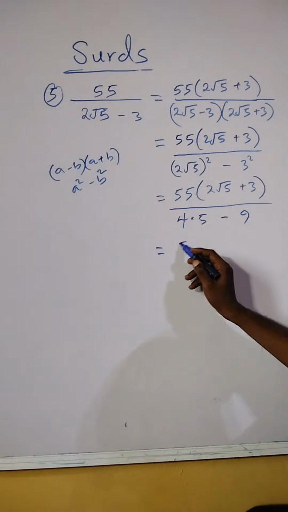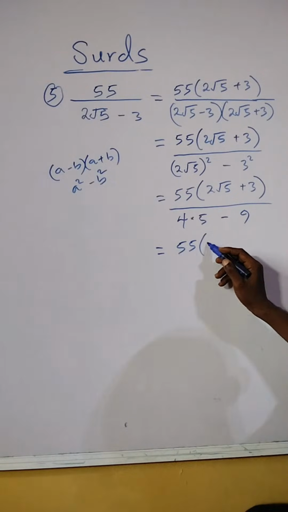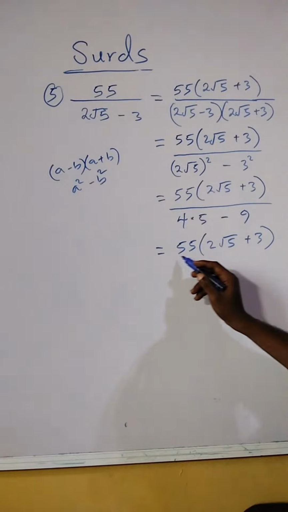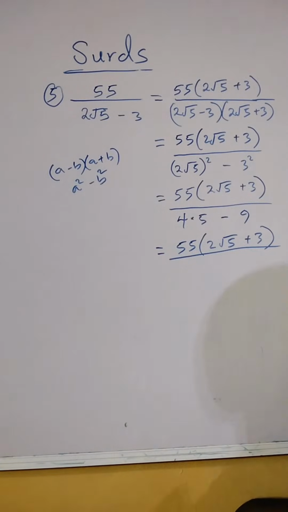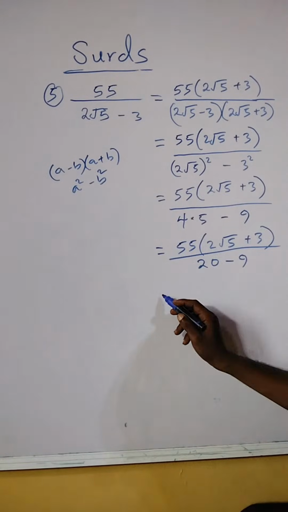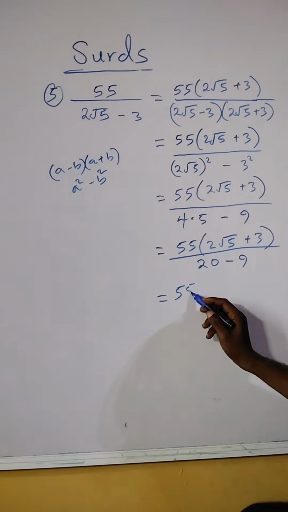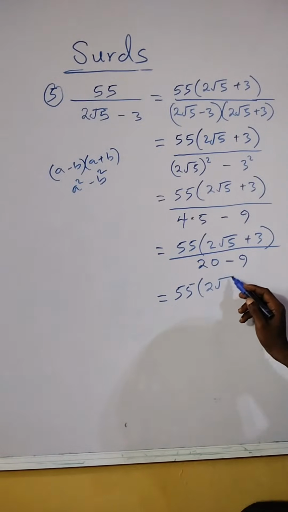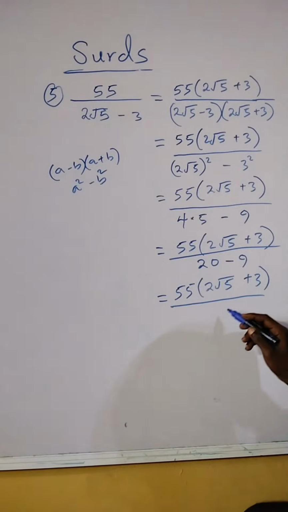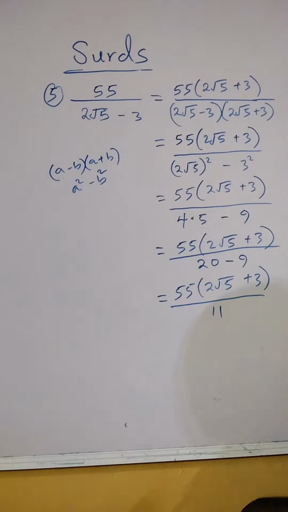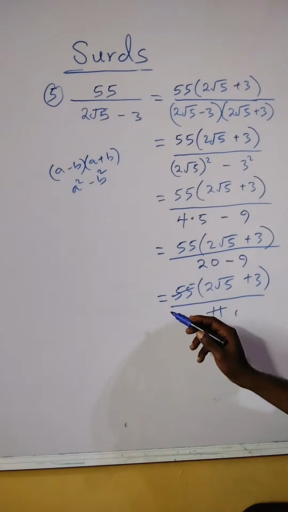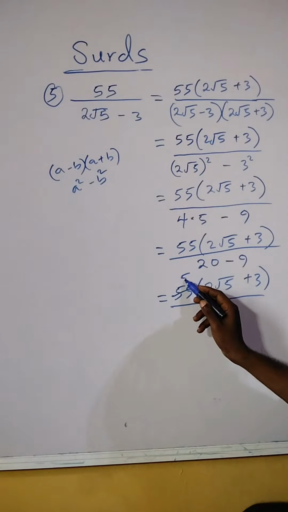So we have 55 into bracket 2 root 5 plus 3 divided by 4 times 5, that's 20, then minus 9. That's 20 minus 9, that's 11. And we can reduce this: 11 goes into 11 once, and 11 goes into 55, that's 5.